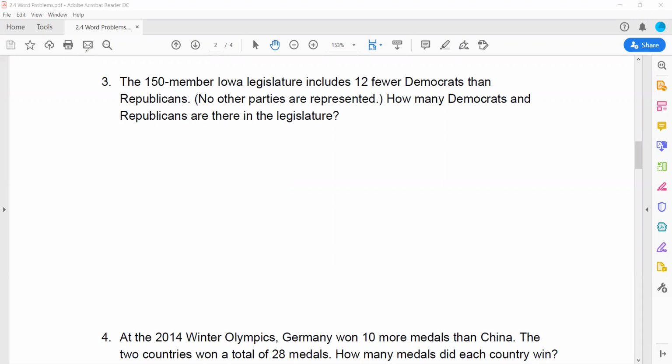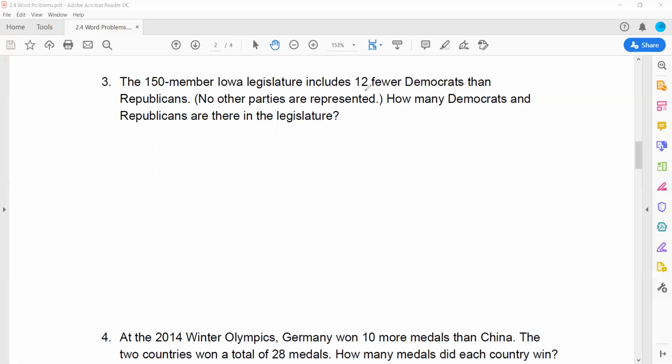So this one, we'll see problems like this later where we have 2 variables because we have Democrats and Republicans. But for now, we're just working with 1 variable. And so we want to figure out which one we want to define our variable as. And so it doesn't matter which you pick. It depends how we interpret this first part here.